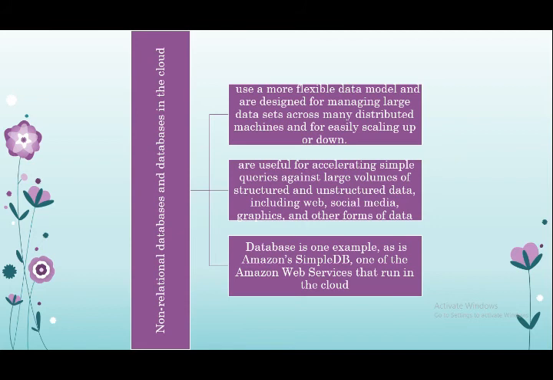They are useful for accelerating simple queries against large volumes of structured and unstructured data, including web, social media, graphics, and other forms of data. One example is Amazon SimpleDB, one of Amazon's web services that run in the cloud.